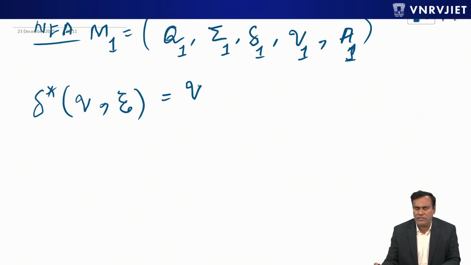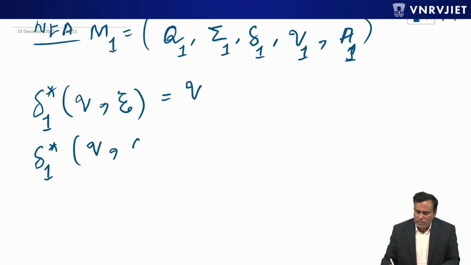Here we are using the notation delta 1, therefore I can say delta 1 star of Q epsilon is Q itself. Whatever state you have here, that it becomes. Next, delta 1 star of Q on A is equal to delta 1 of Q A.